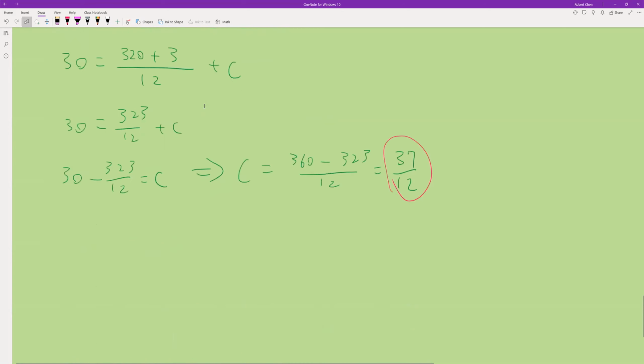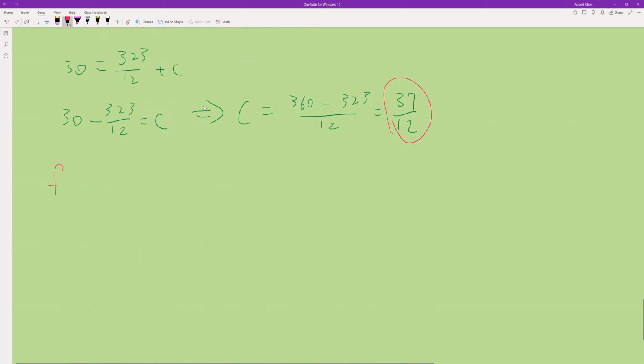So we have a specific function: f of x is equal to 2 times x to the power of 3/2 over 3 plus x cubed over 3 plus 1/x plus the constant c, which is 37 over 12. And that is the specific function for our question.